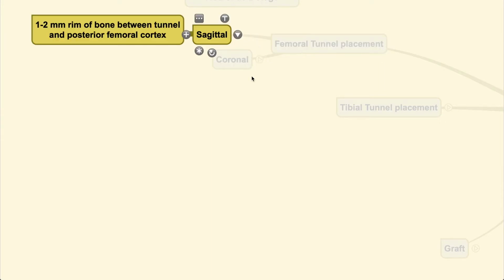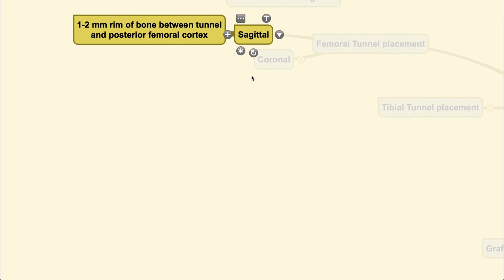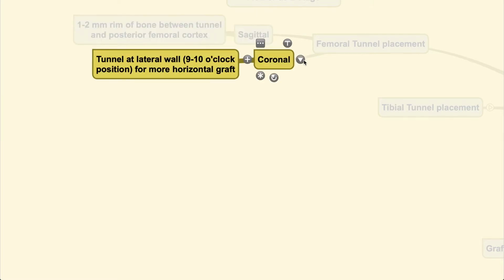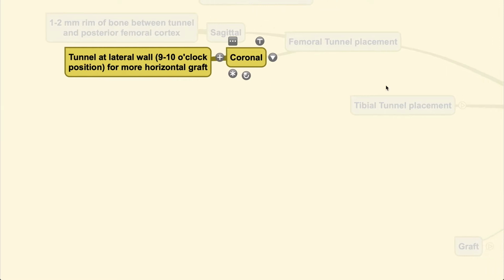From the sagittal plane, you need to leave around 1 to 2 millimeter rim of bone between your tunnel and the posterior femoral cortex, because failing to do so will cause blowout of the posterior femoral cortex and your graft will ultimately fail. From the coronal plane, you need to place it along the lateral wall, which is around 9 to 10 o'clock position, to achieve a more horizontal graft.